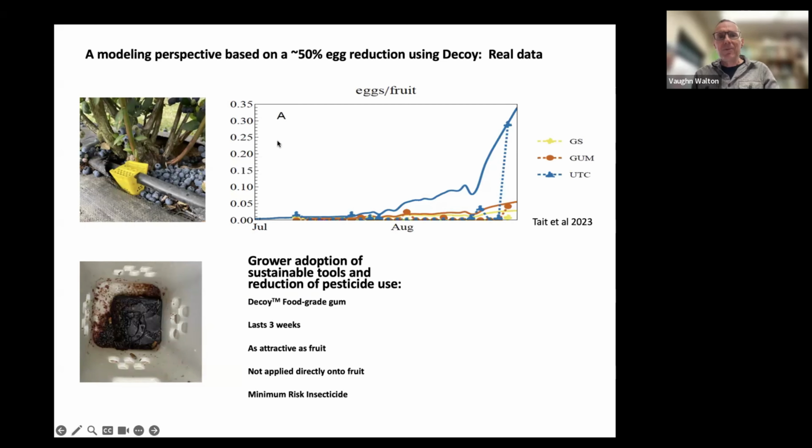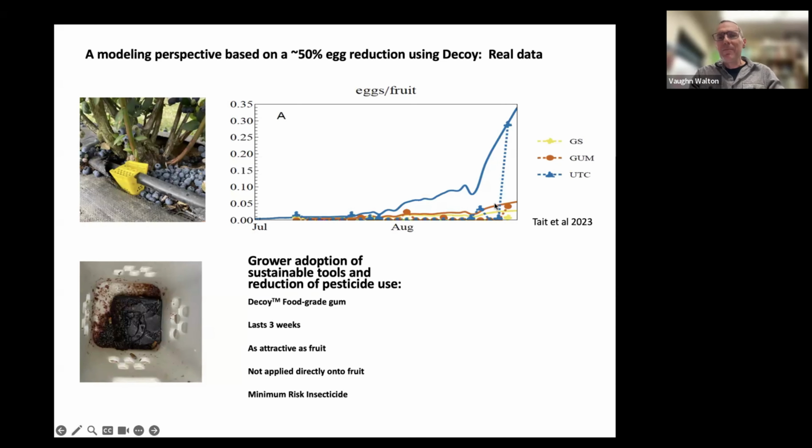So on the graph that I'm showing you at the top here, and this is Oregon data, my apologies for that, that it's not California data, but this is a late variety crop here. I think this is Aurora that we have here. And so if we look at the solid blue line, this is untreated control. The red line is the treatment with the product that we developed here.